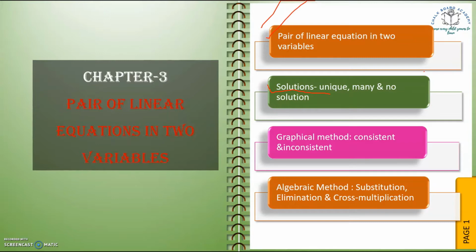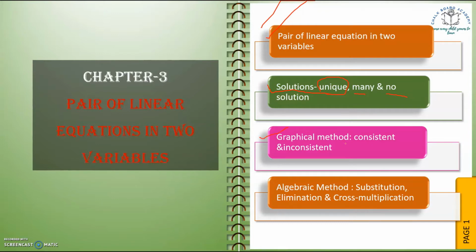If these two equations have one common solution, then we say unique solution, and if they have more than one solution, then we say many solutions, and if they do not have any common solution, then we say no solution.